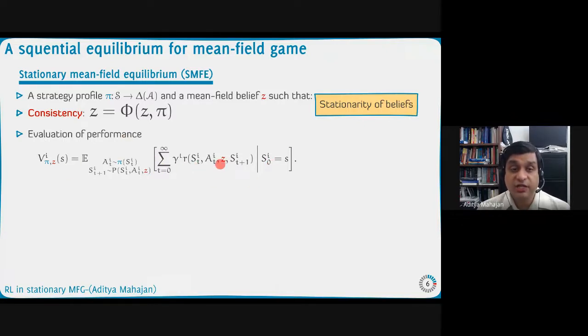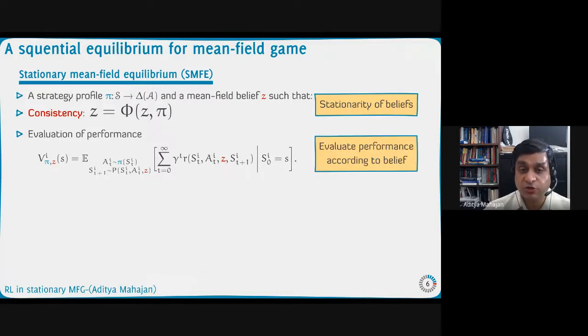Notice what has happened is that what we had here was Z of t, but because of starting with this belief that the distribution is stationary, while evaluating something, the player assumes that instead of Z_t, he has the stationary mean field distribution here. So what this amounts to is that players are evaluating performance according to their belief, as they should in a sequential equilibrium.